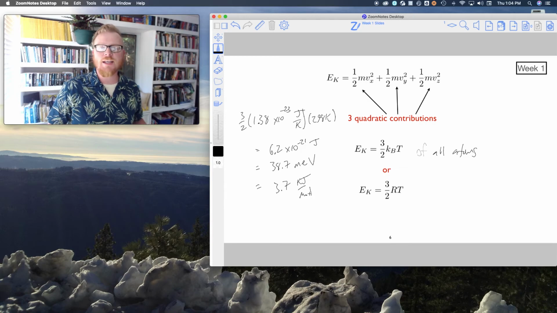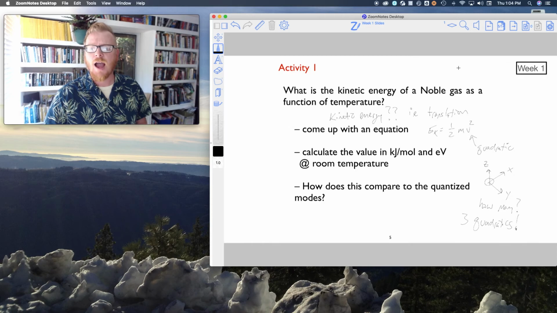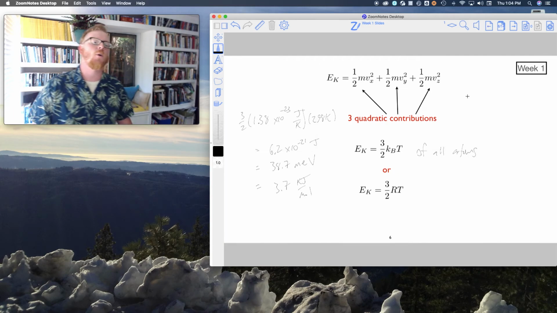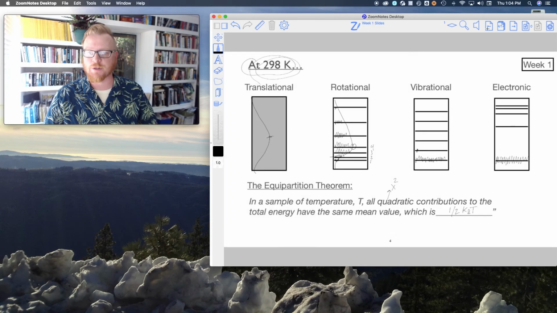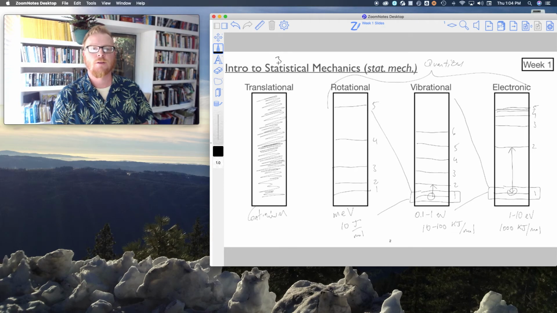So now the question is, I think that I asked, let me go back to that slide. How does this compare to the quantized modes? So let's back up for a second. I'm going to write that number down, 3.7 kilojoules per mole.